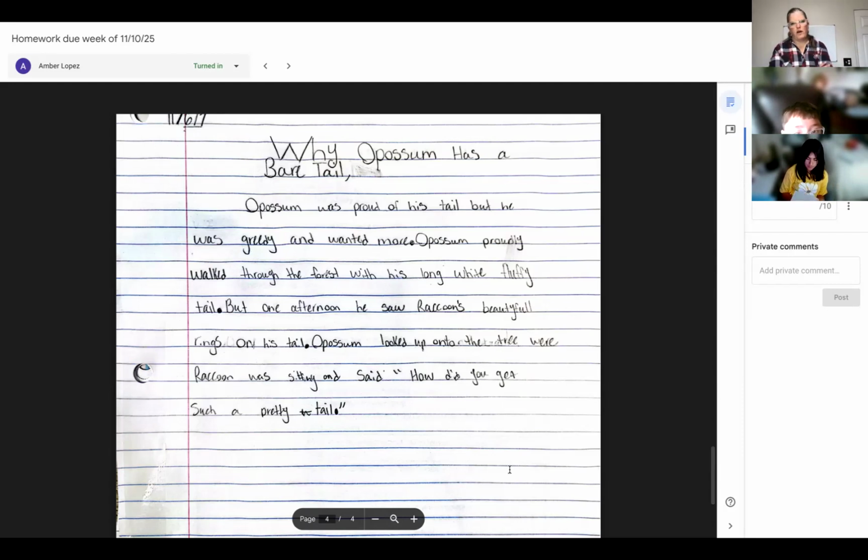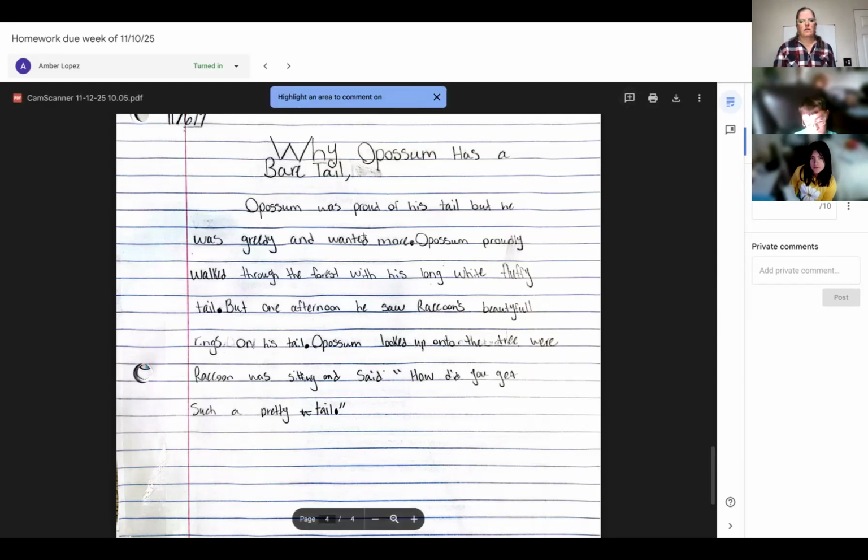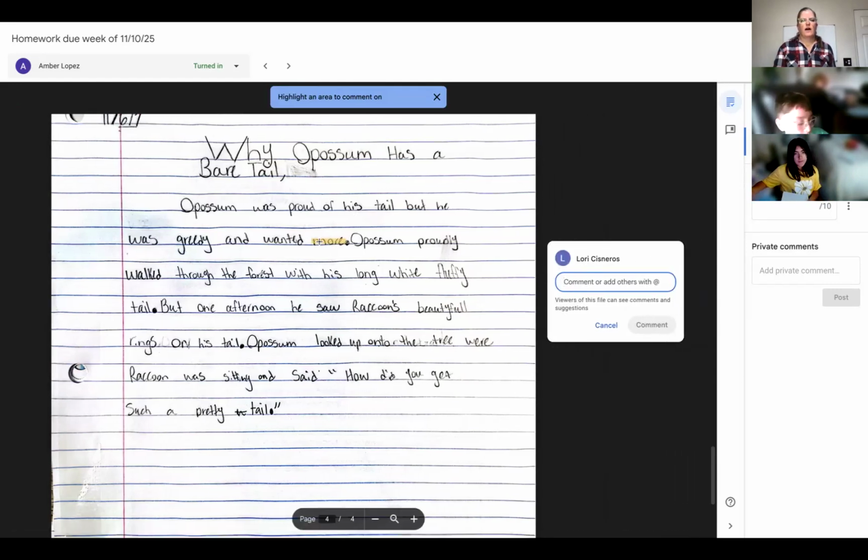You have Opossum was proud of his tail, but he was greedy and wanted more. What was it that he wanted more of? Like a better tail. I think I like the way that sounds better. Instead of saying wanted more right here, I'm making it yellow, but draw a line through more and right above it put a better tail.